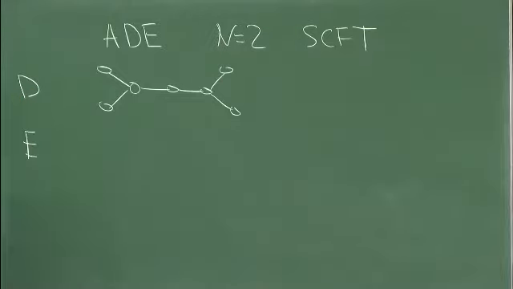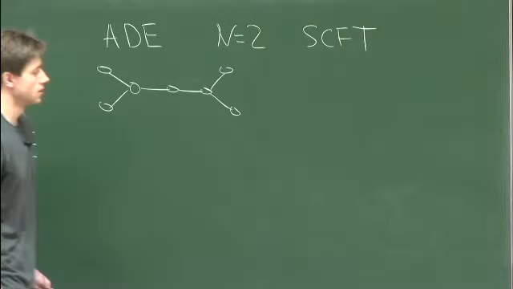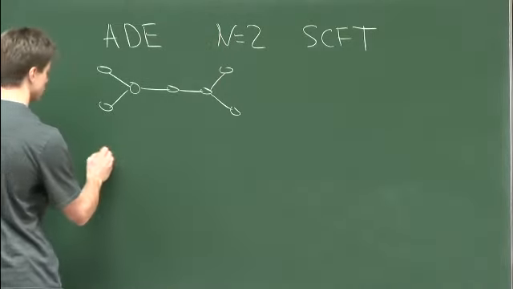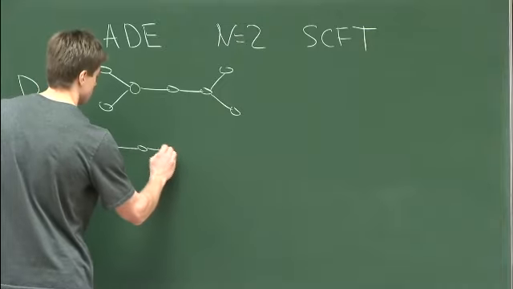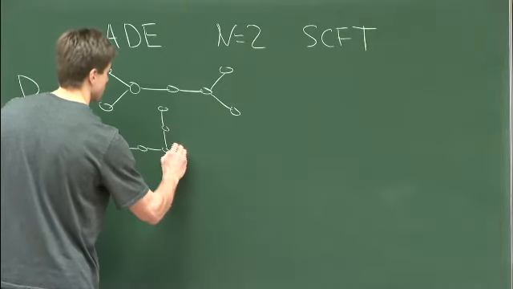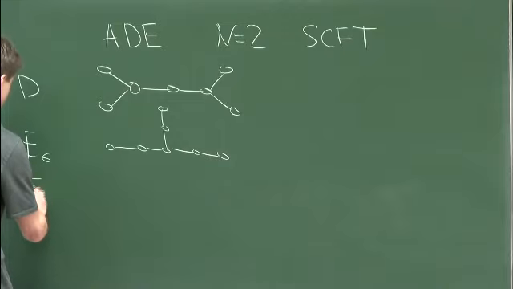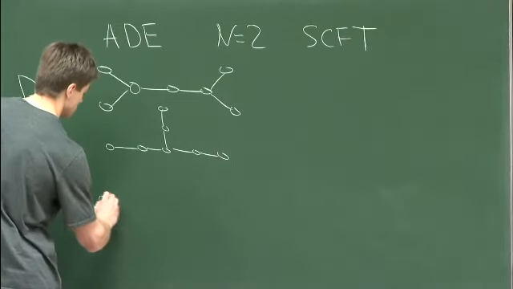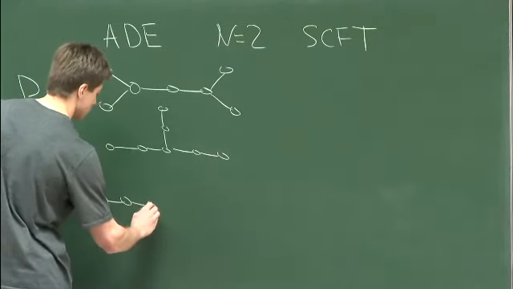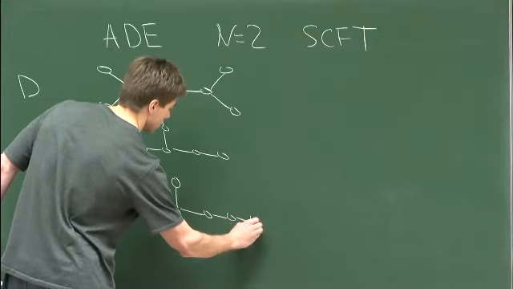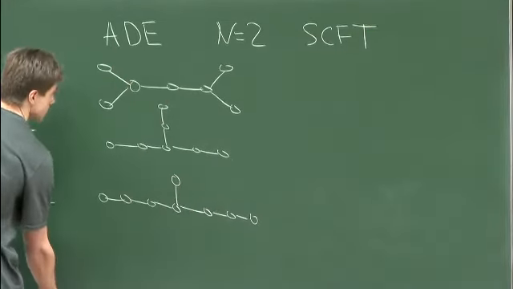So that's the D series, corresponding to orthogonal affine groups. For the E series you have three exceptional quivers: E6, E7, and E8.